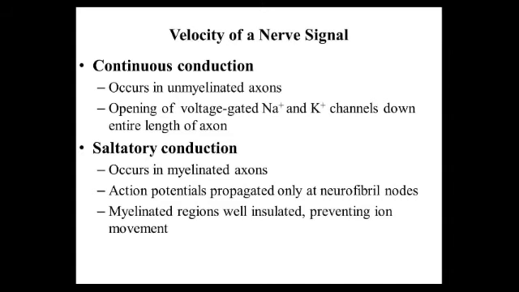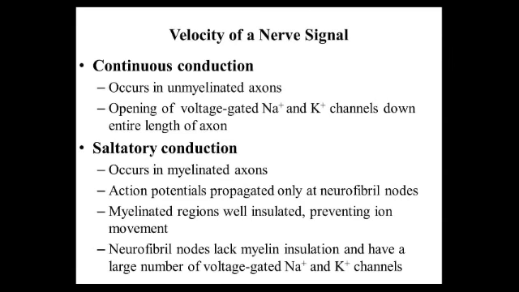Do polars and non-polars like each other? Nope. So you take that axon and you wrap it up over and over with a whole bunch of layers of lipids. Man, them sodiums and potassiums, they can't do anything moving in or out, can they? See how it coats it? Keeps those ions from moving across those areas? Those nodes of Ranvier lack the myelin insulation. So lots and lots of voltage gated sodium and potassium channels.